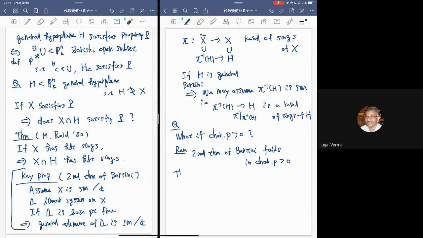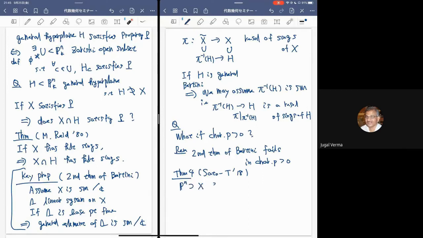But in a joint work with Sato, I proved the following.